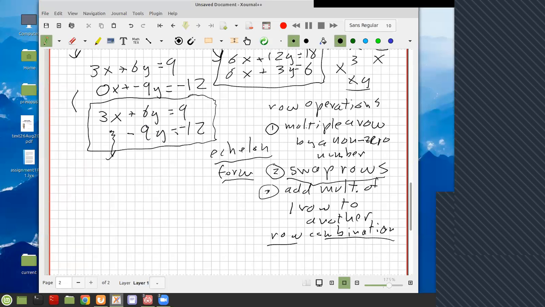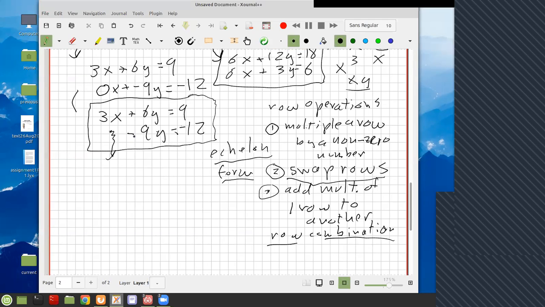We'll see that later. Basically, echelon form means the leading term in each row is to the right of the one above it, so it forms a reverse staircase.